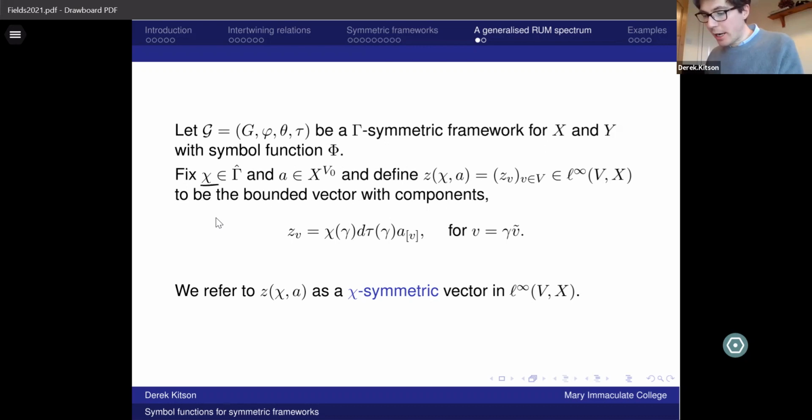All you need is a character, and then you pick an assignment of velocity vectors to the vertex orbits. You can construct a bounded vector, an assignment of velocity vectors to the joints in your framework with the property that the L infinity norm is finite.